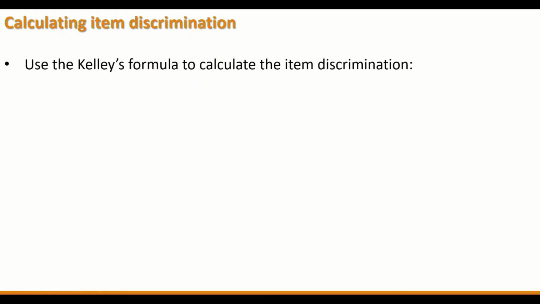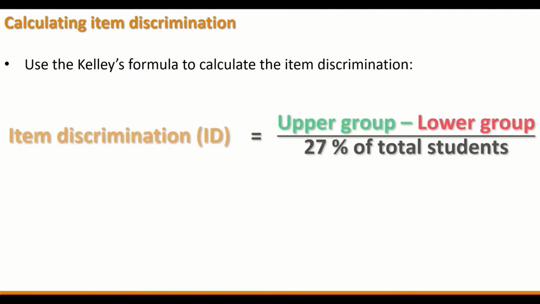Then use Kelley's formula to calculate the item discrimination as given here. The ID equals the upper group minus the lower group divided by 27% of total students, i.e. calculating the upper group proportion and the lower group proportion and subtracting them to get the ID.